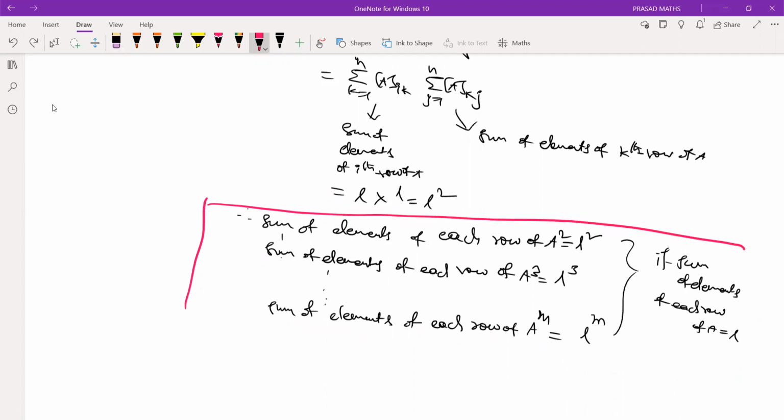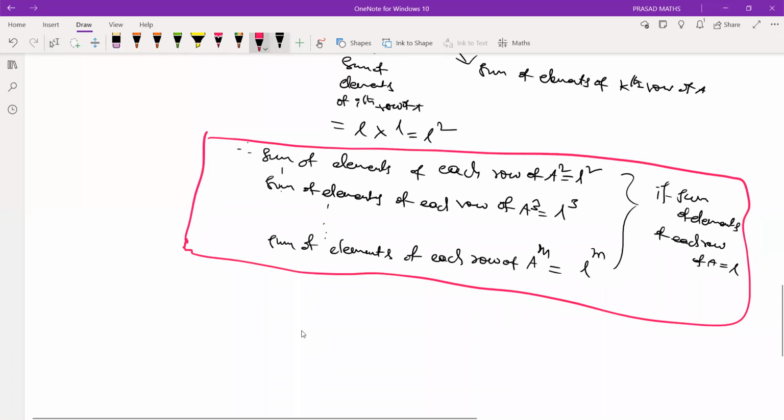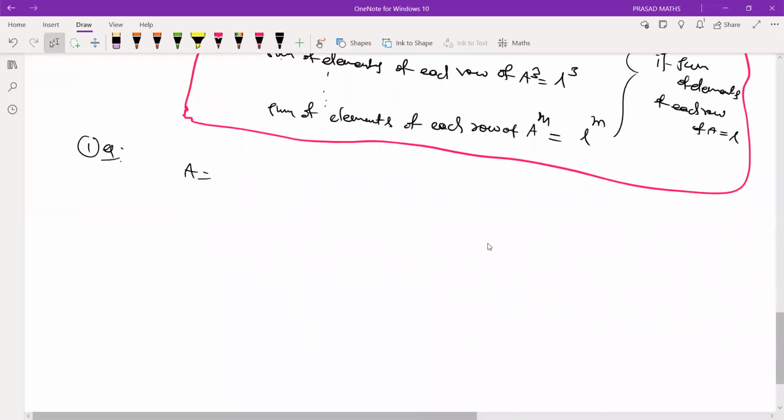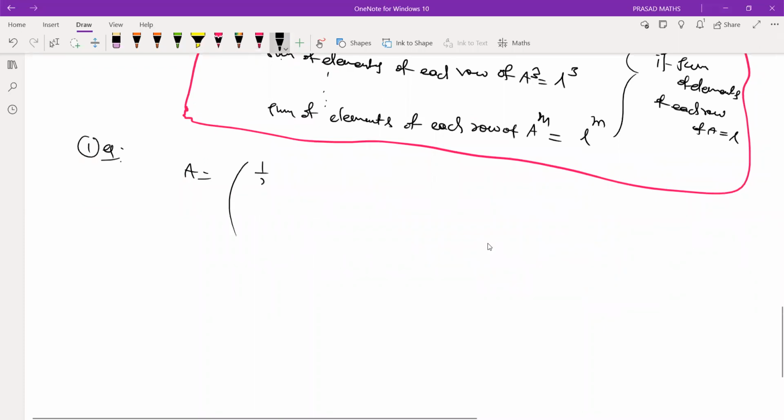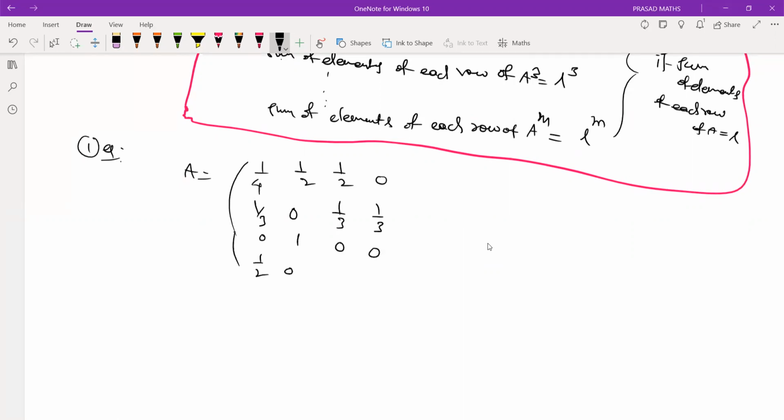Very, very important formula, right? Suppose you are given a problem like this. A equals to the matrix with rows 1 by 2, 1 by 4, 1 by 4, 0; 1 by 3, 0, 1 by 3, 1 by 3; 0, 1, 0, 0; 1 by 2, 0, 1 by 2, 0.